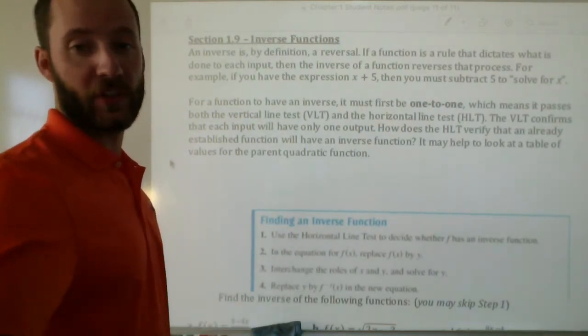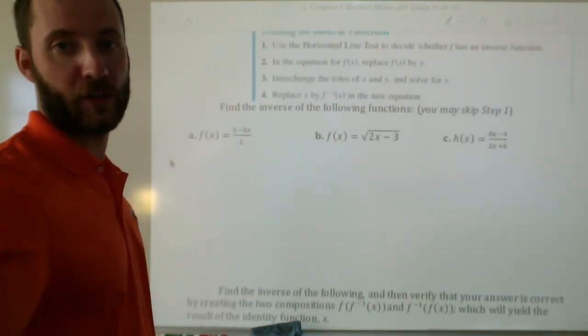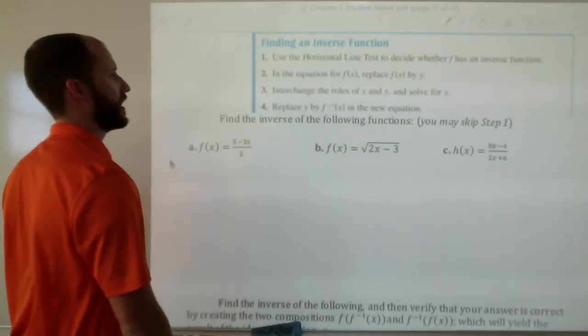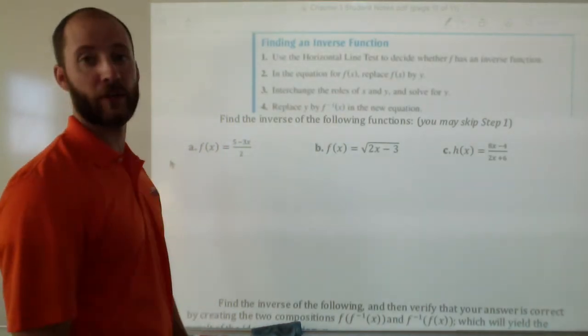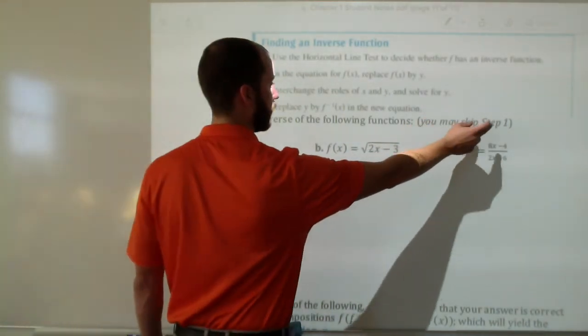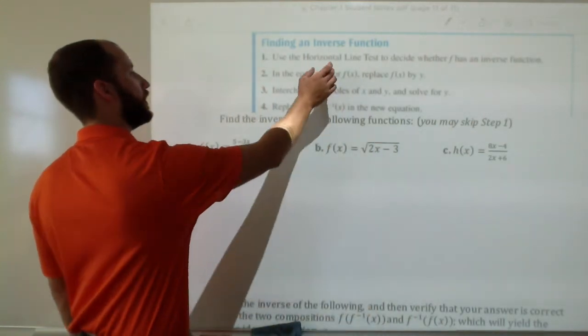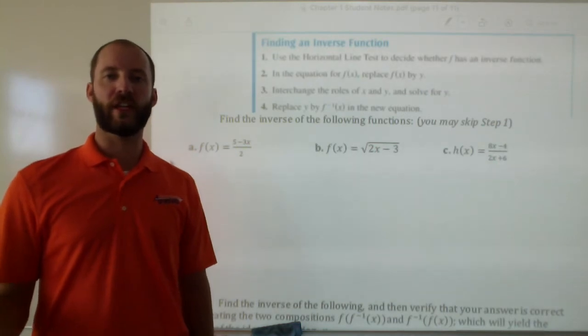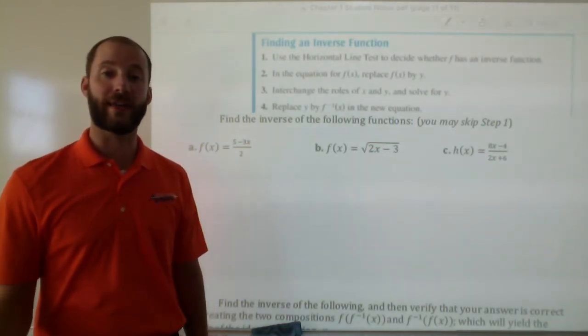So there's 4 steps for finding an inverse function. Step 1, use the horizontal line test to determine whether that inverse function even exists. Well, you can skip step 1. Step 2, we're going to replace the f of x, the function notation, with y.